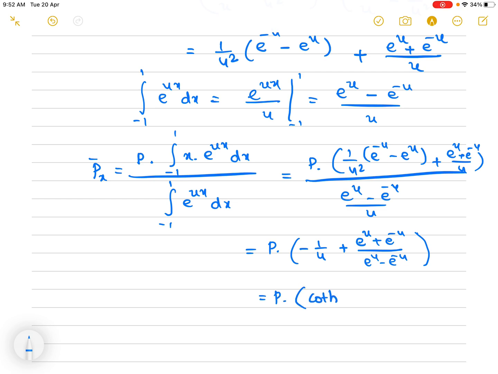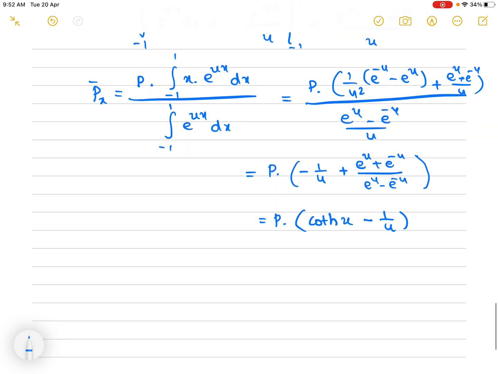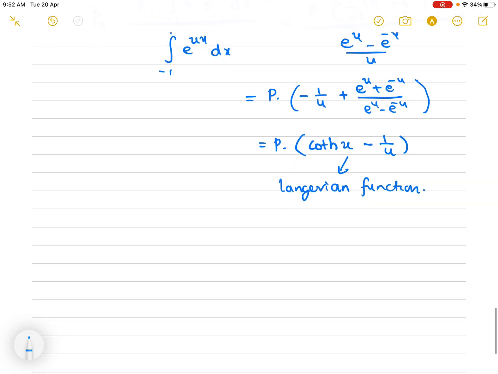So here we try to plot this Langevin function as a function of u. When u is very small, the Langevin function tends to u by 3. So we are plotting L of u versus u in the limit of u tending to a smaller value.